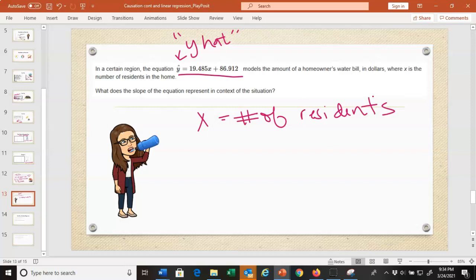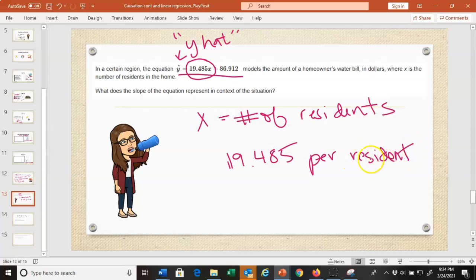What does the slope of this equation represent? So here's the slope, remember the m value, and X represents the number of residents. So for every one resident, that bill goes up $19.485 per resident.